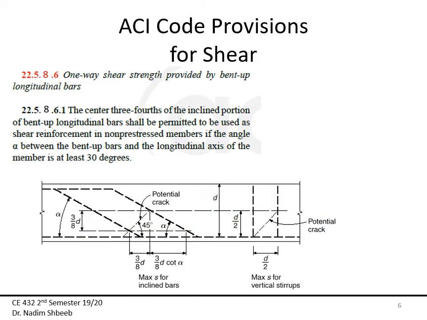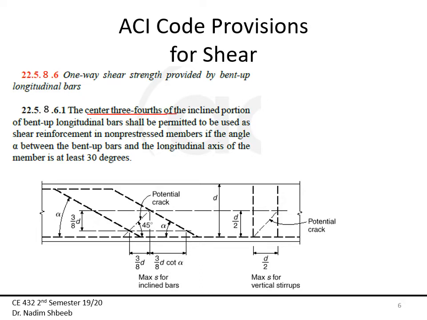Moving on. Now, in this case here, it's telling me if I have a bent up bar with an angle alpha that is at least 30 degrees, so it's not 45, it's between 30 degrees and 45. The only distance that I'm allowed to use is what I call the center 3/4 of the inclined portion.